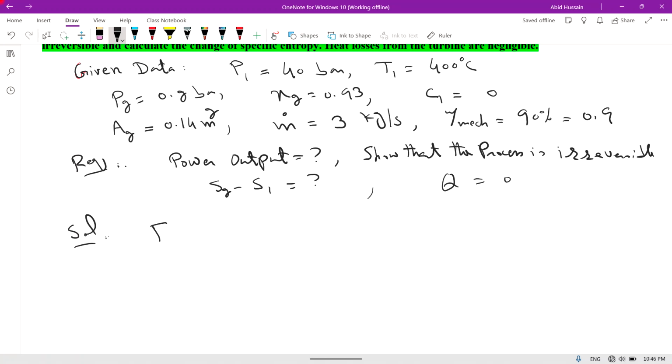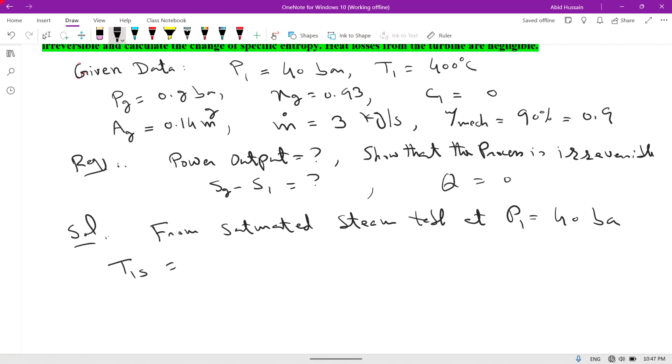From the saturated steam table, at pressure 40 bar, saturation temperature is 250.3 degrees centigrade.